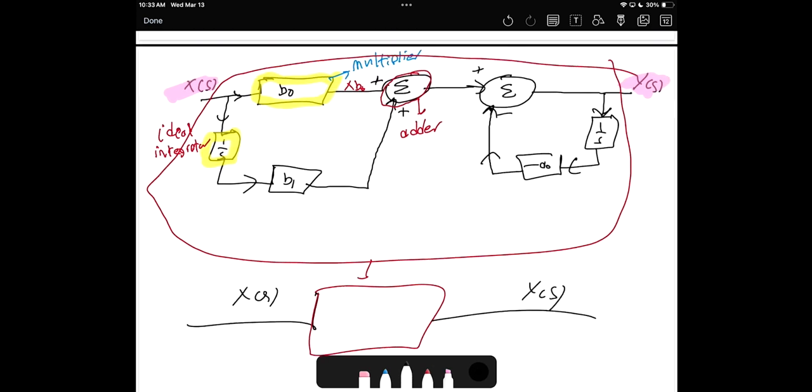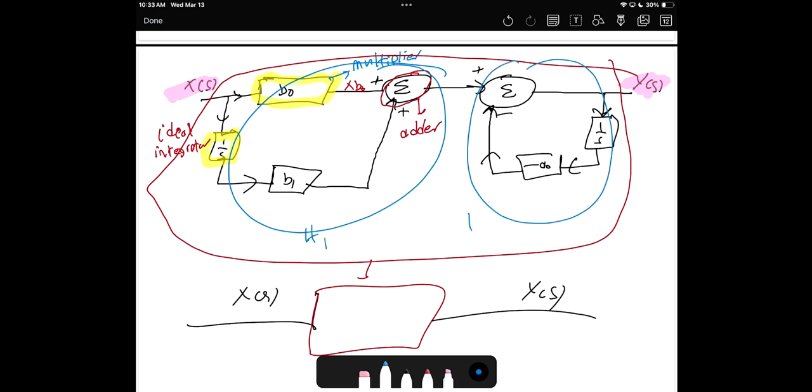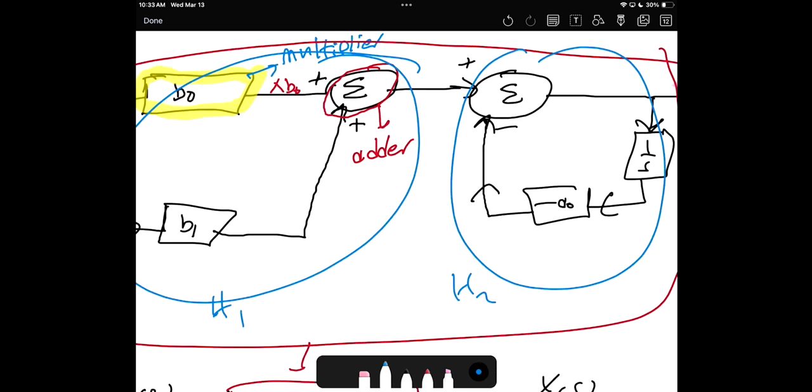Now, how can we model it? Since we have two different loops, I encourage you to do each loop on its own. So this will be loop 1, I can call it h1. This is loop 2, and it's h2. When we have multiple loops like this, the best way to deal with this is to isolate each loop alone. And in the middle, we will have some intermediate variable, and I can call it z.